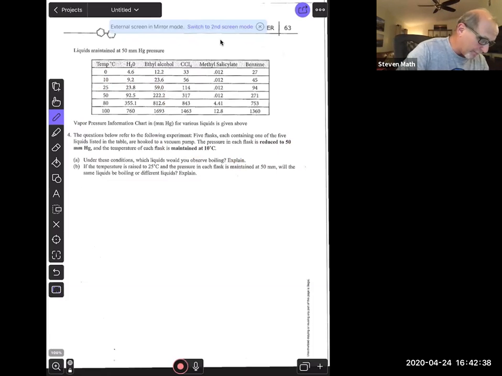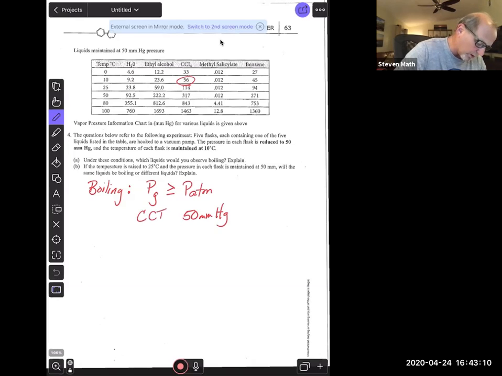And so they ask us about which would be boiling. I would use this opportunity to say that boiling occurs when the pressure of the gas is greater than or equal to the pressure of the total atmosphere. And so in this case, where the pressure of that atmosphere is 50 millimeters of mercury, the only one that's greater at 10 degrees is the CCl4.